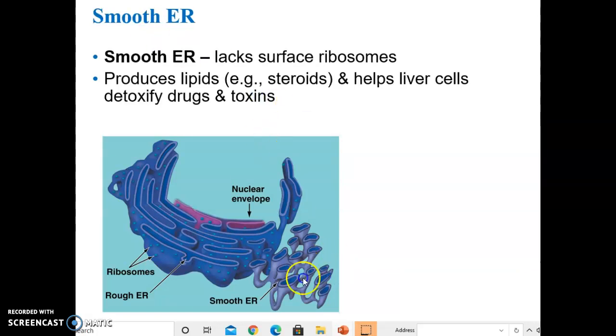So the smooth ER, no ribosomes, so no protein synthesis, producing mostly lipids like steroids, and helps certain cells in your liver break down and detoxify drugs and or toxins that you may inadvertently ingest, eat, or drink.